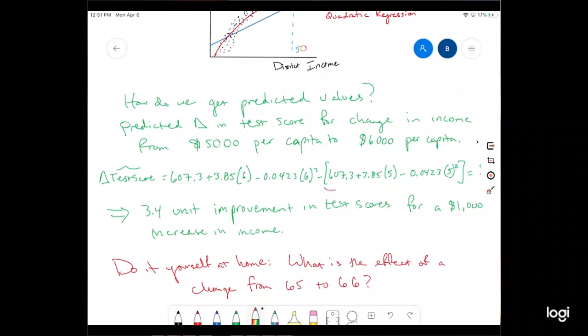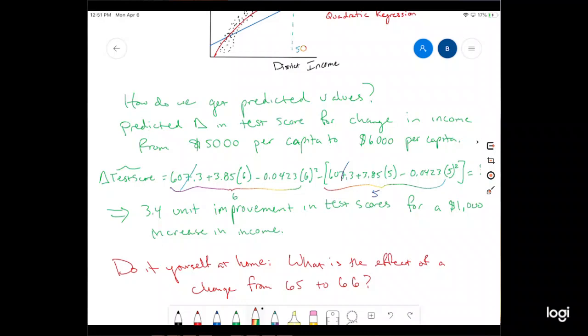This bit is the sample regression function with $5,000 plugged in, or 5 because income is in thousands of dollars. So we'll put 5 there. And this bit is the sample regression function with $6,000 plugged in. Then we just plug in those values. The intercept's always going to cancel out. Calculate it, and we get 3.4. So this implies that going from $5,000 to $6,000 per capita in income causes a 3.4 unit improvement in test scores for that $1,000 income increase.